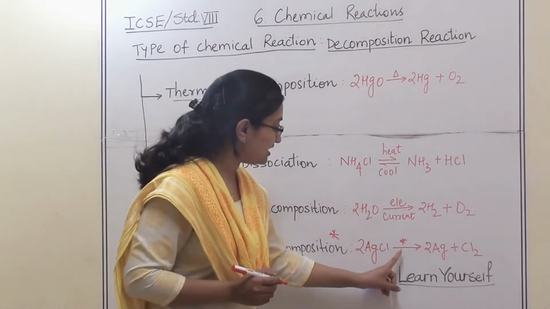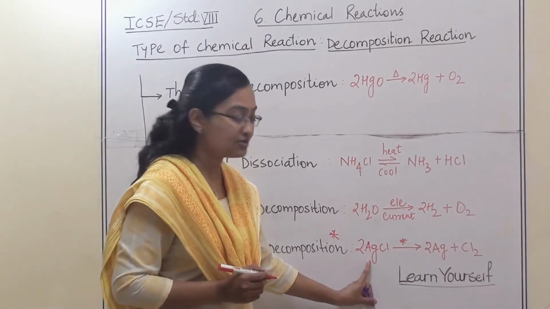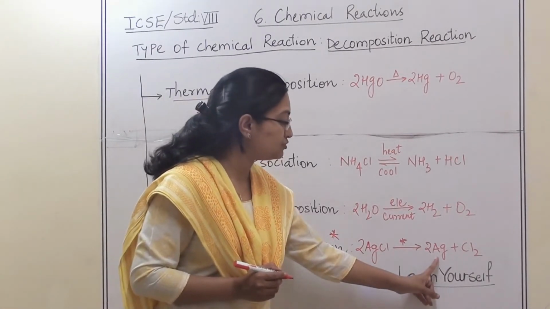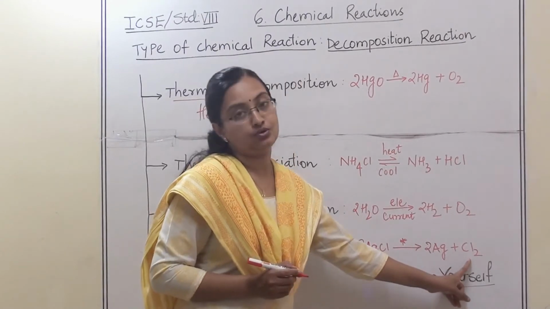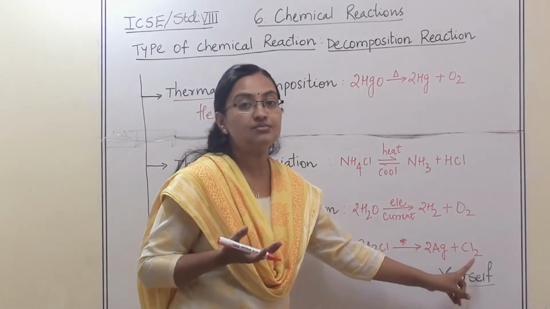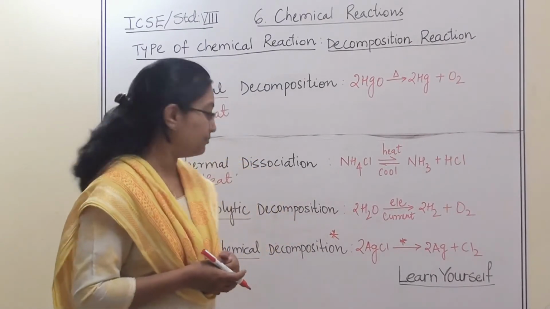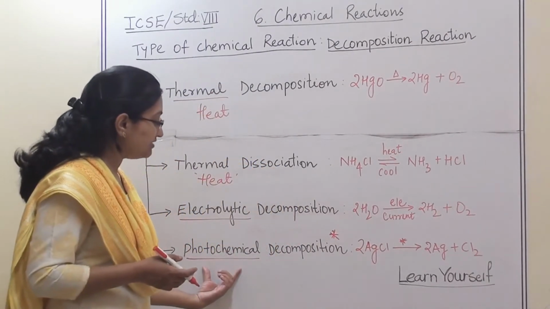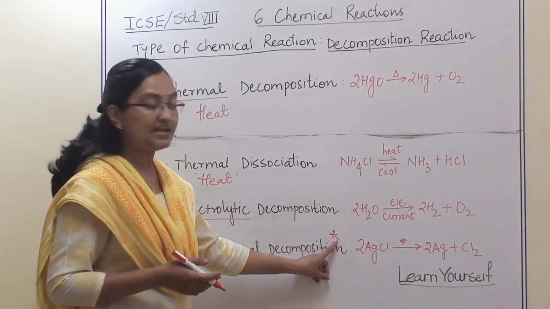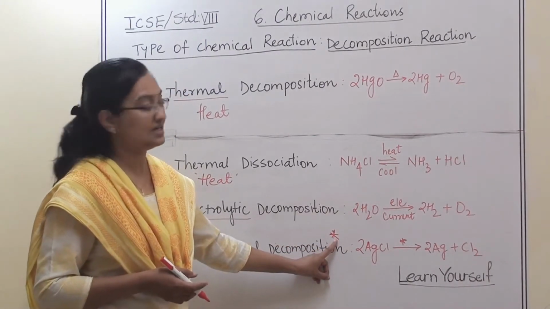So when sunlight directly falls on silver salt, it will decompose into silver and chloride. They are very unstable salts, so in the presence of sunlight they can decompose. The photochemical decomposition is carried out with the help of sunlight.